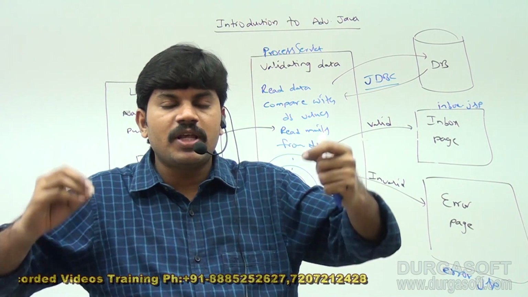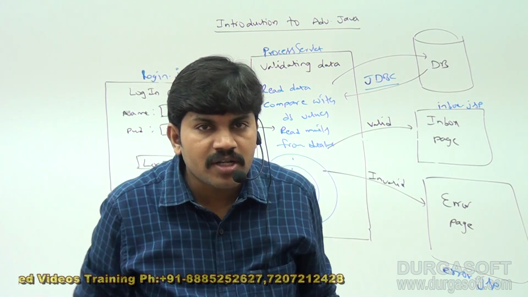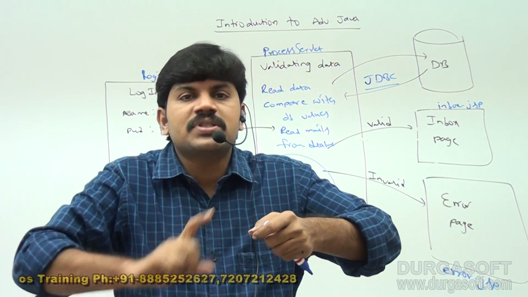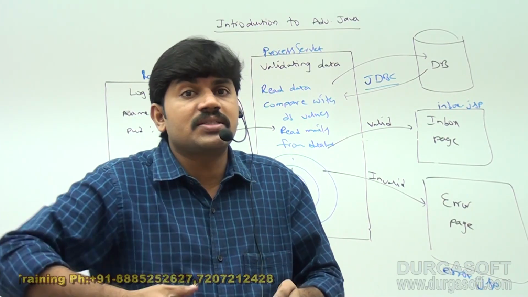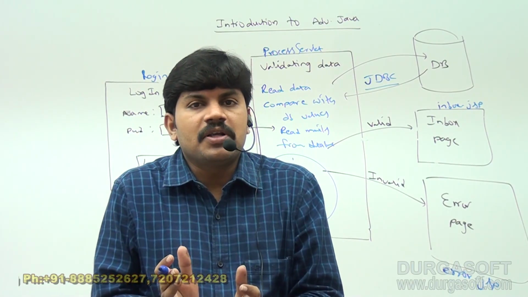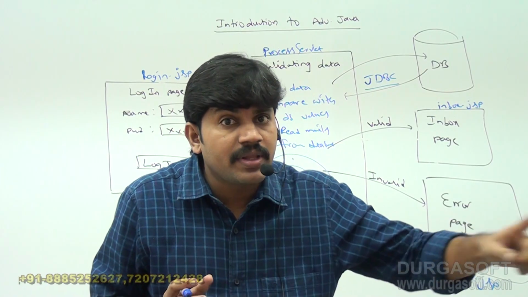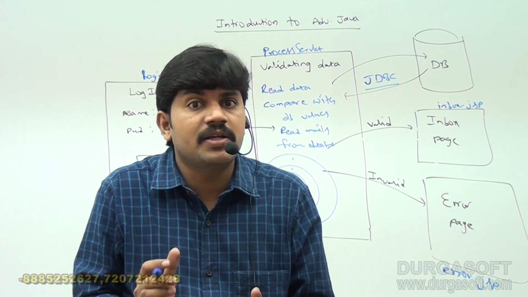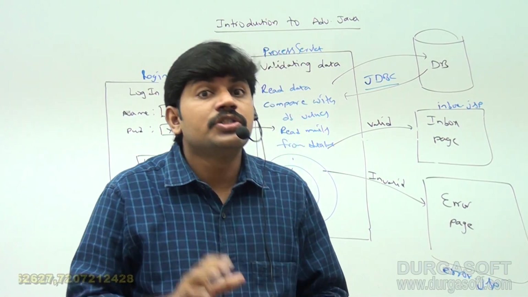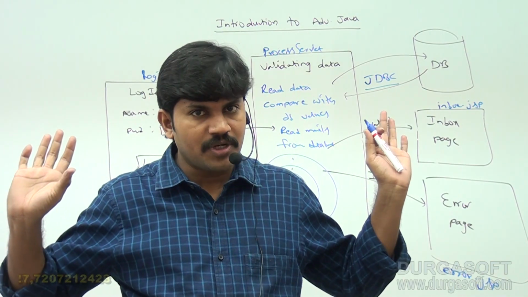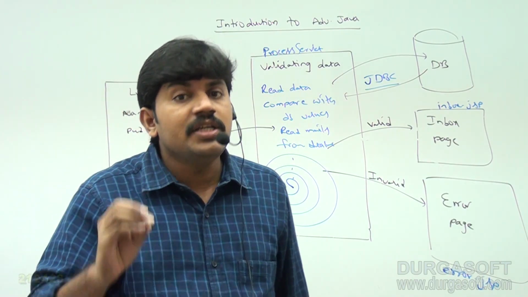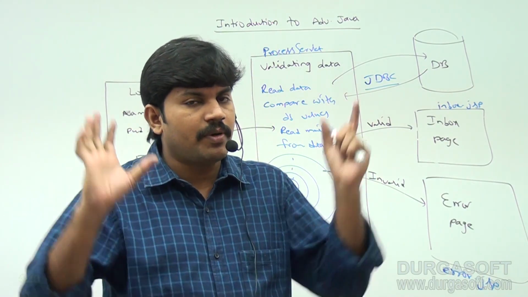If you want to display something to the end user, better to go for JSP. Wherever some processing or business logic is required, better to go for servlet. From a Java application, if you want to communicate with the database, then we should go for JDBC. That's all. Are you able to understand that? So this is just the role of each component in our web application, right?